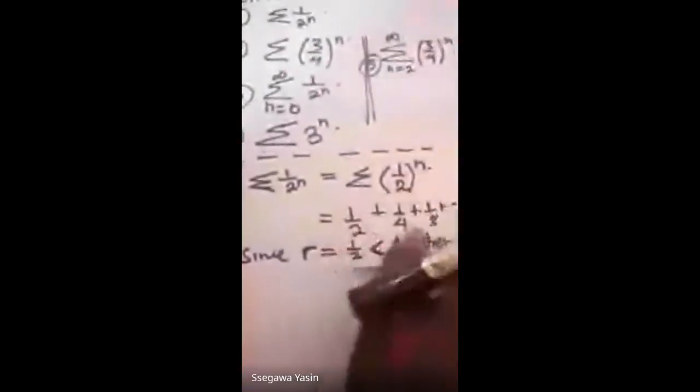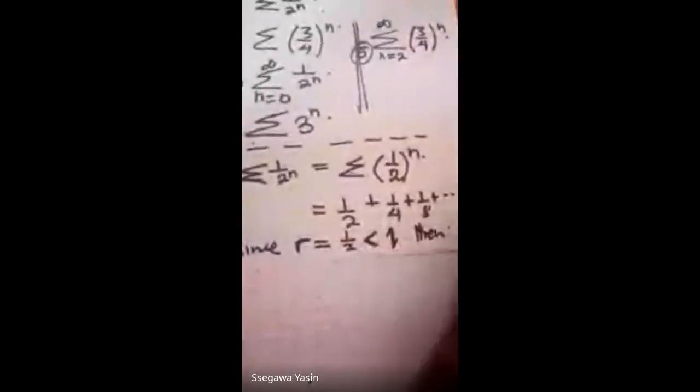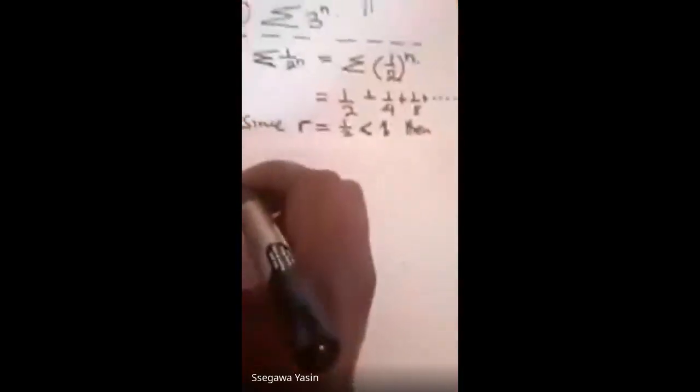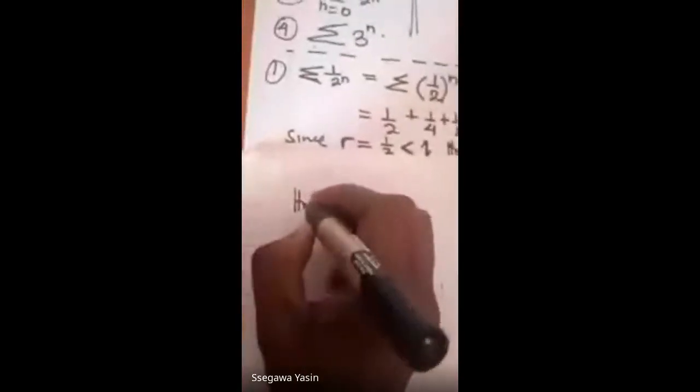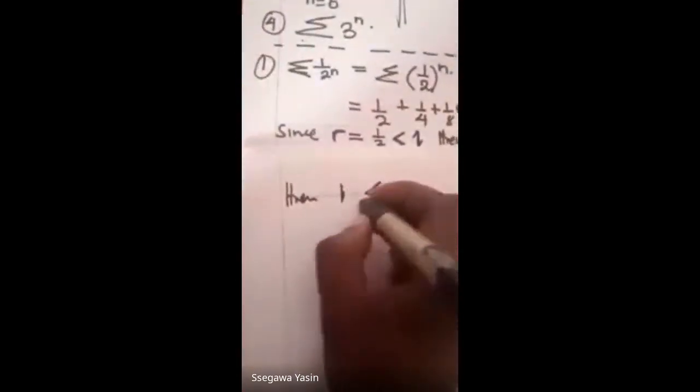And then converging to what? You look for the sum to infinity. That's the only thing we are supposed to do. Now, since r equals a half and is less than 1, this series, 1 over 2 to the n, converges.